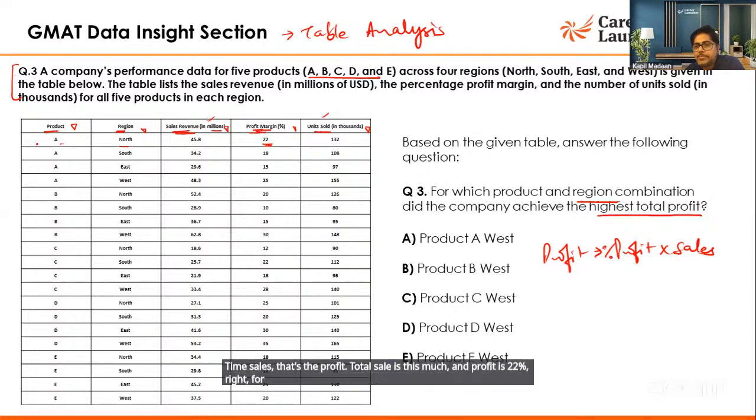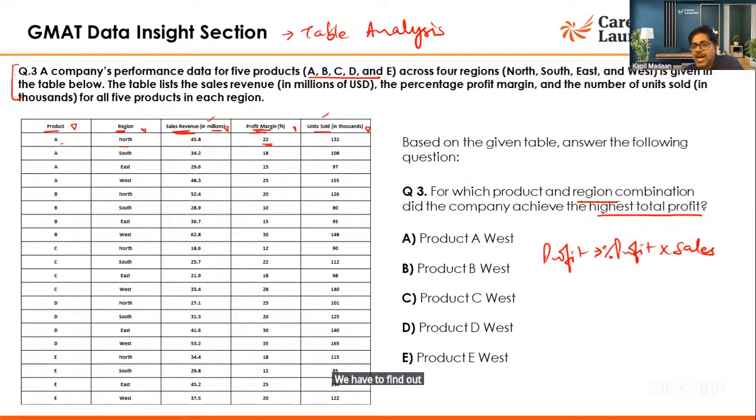For this category, you have to find out which is the highest profit. Now, highest profit depends on the profit percent and the sales. So arrange the table with respect to the highest to lowest of profit. So when you arrange this, if you can just see, there's a reading which is 62.8, which is the highest one, right?